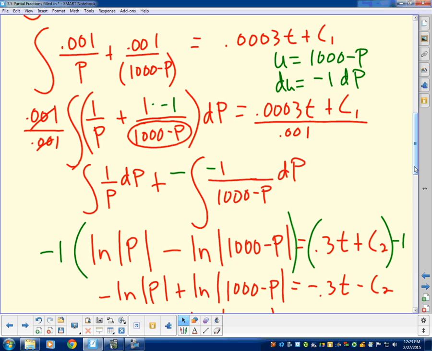So what I'm doing in green here is I am multiplying through by -1. And the purpose for that is so that when I rewrite this difference of logarithms as a single logarithm of the quotient, I will have a single p on the bottom, not the 1,000 minus p on the bottom. And that will make it easier to solve algebraically. I'll show you in a minute.